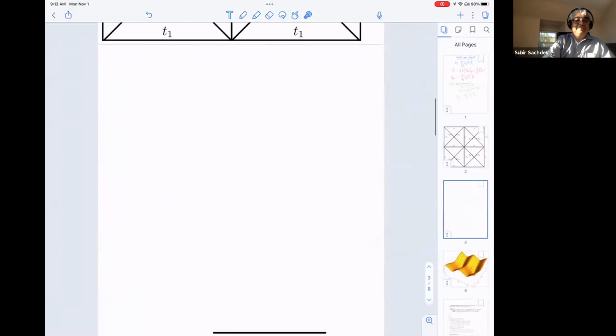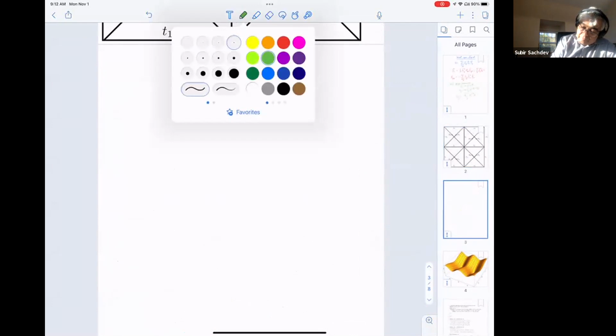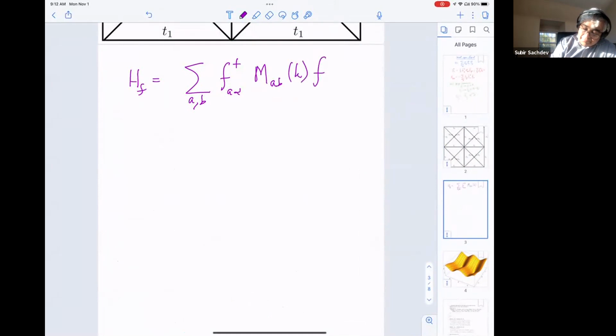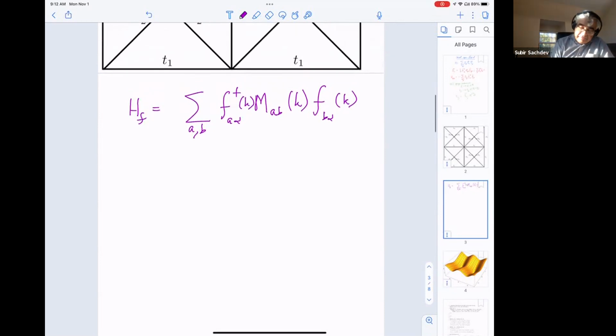So the Hamiltonian for the fermions has a sublattice index, f dagger A alpha, M_AB of k, and f_B alpha of k. So the spin index is not going to play any role here. It's just going to go along for the ride. But there's a sublattice index, A and B.